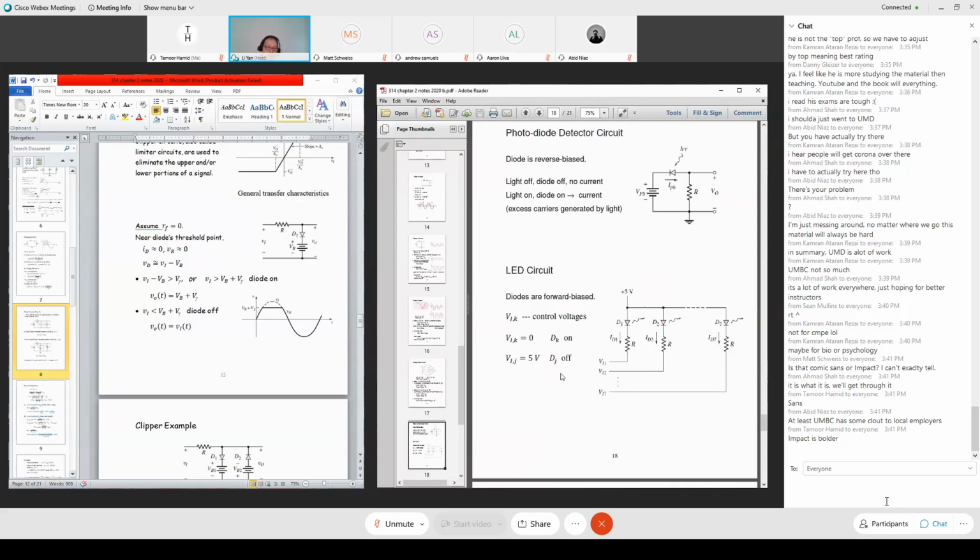If the control voltage of element J is set to 5 volts, this side is 5 volts and that side is 5 volts, so the voltage drop at the diode is 0. The diode is off and there's no light. In this way, you control which LED elements are on and which are off.